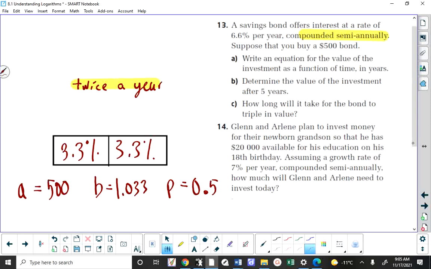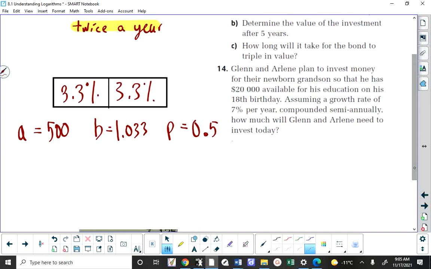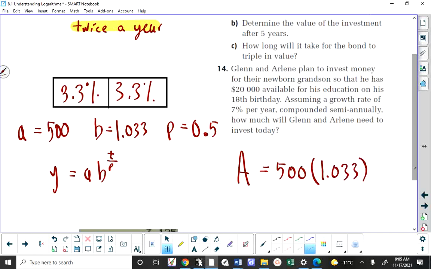And when you put those 3 things into y equals a b to the t over p, that becomes the amount of money. I'm just going to use a for the amount of money. We could stick with y is equal to 500 multiplied by 1.033 raised to the t over 0.5.